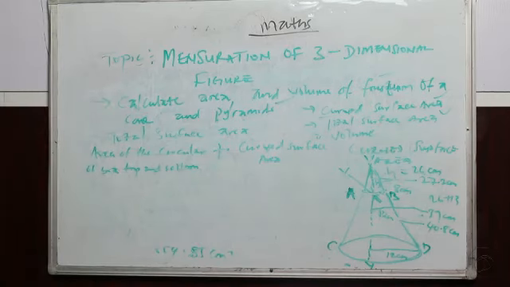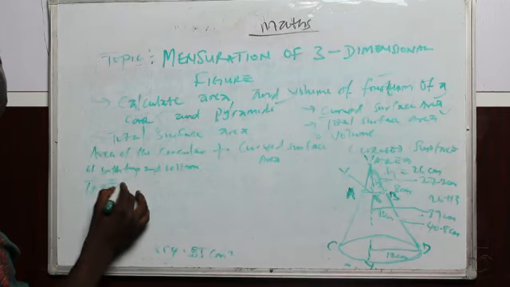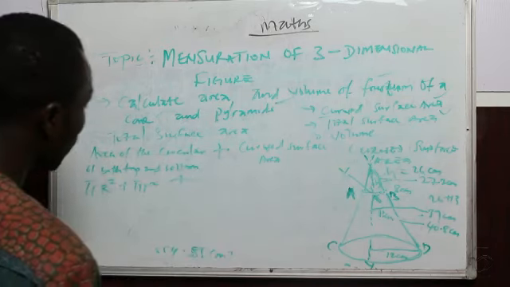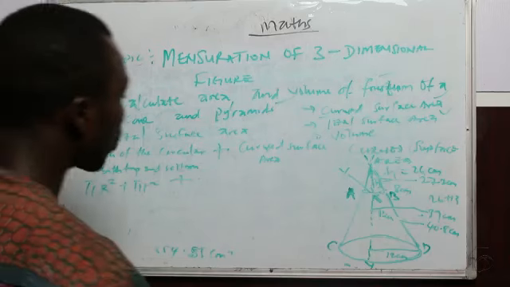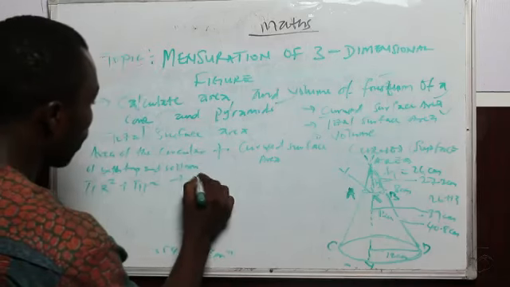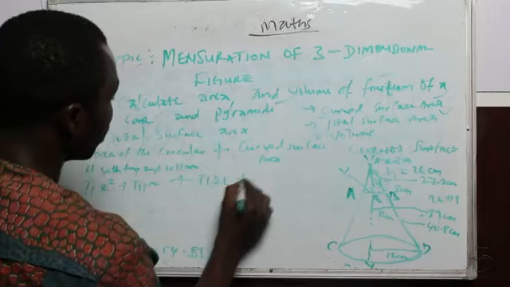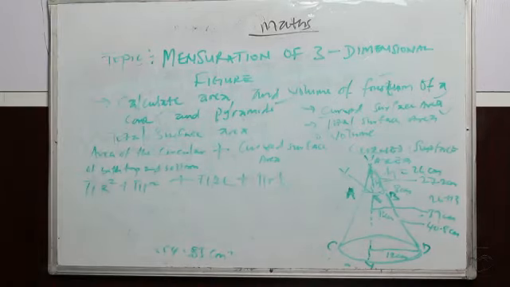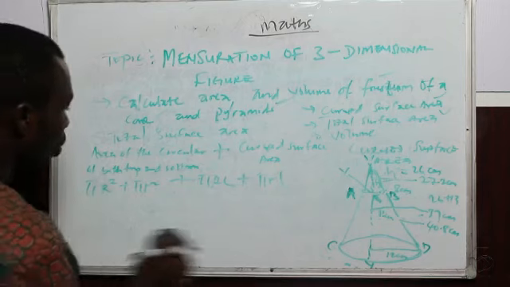The area of the circles of both top and bottom is pi r square plus pi r square, plus the curved surface area. Remember the curved surface area, we said that it's going to be pi rl plus pi rl. That is how we are going to solve it.